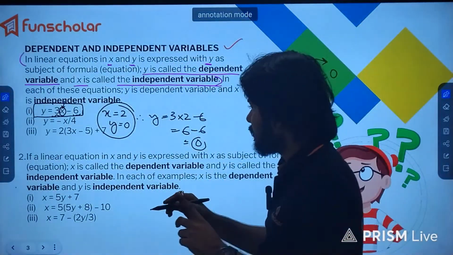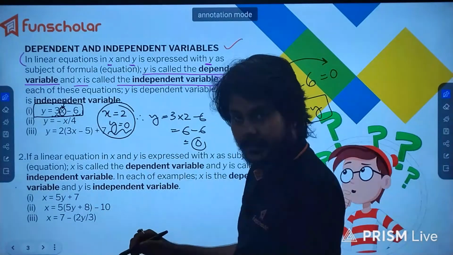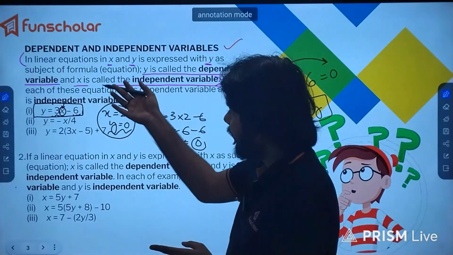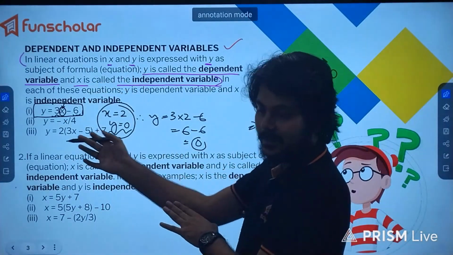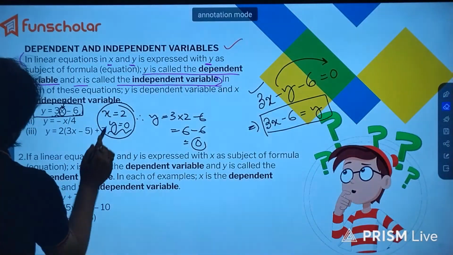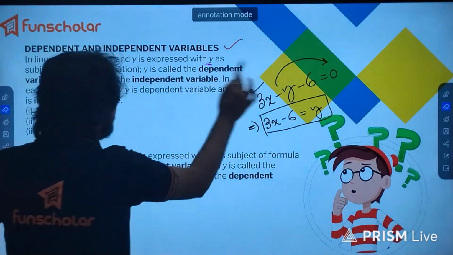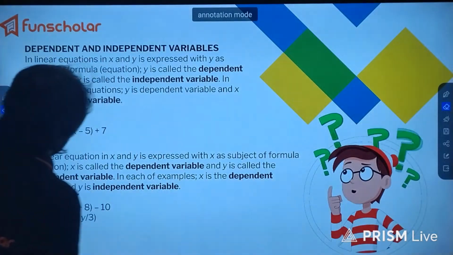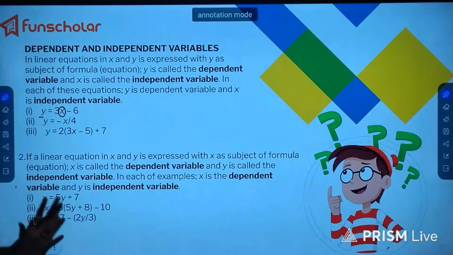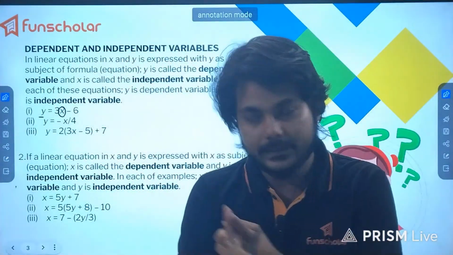Understood? So we are getting different values of y with different values of x. If we apply different values to x, then we will get different values of y. That means, if you see now very carefully, the value of y is totally dependent on the value of x.